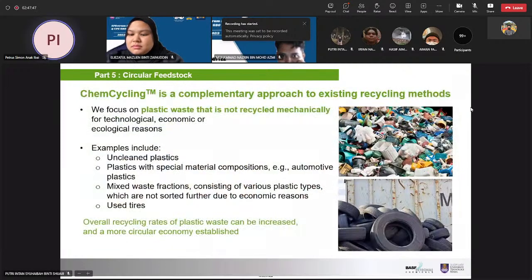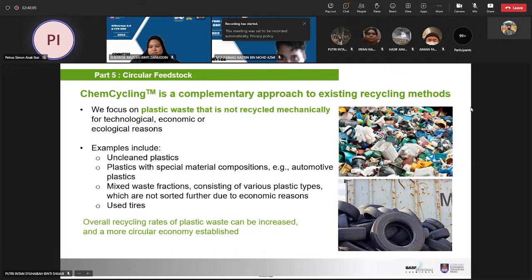Chem cycling is a trademark of BSF, which is a complementary approach to the existing recycling methods. In this case, we are focused on plastic waste that is not recycled mechanically for technological, economic, or ecological reasons.